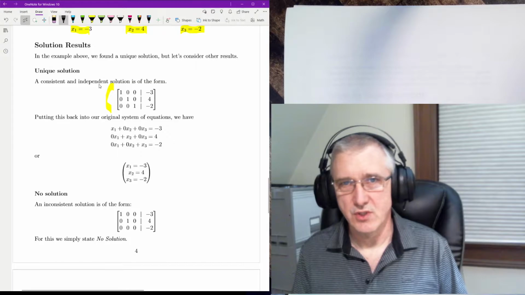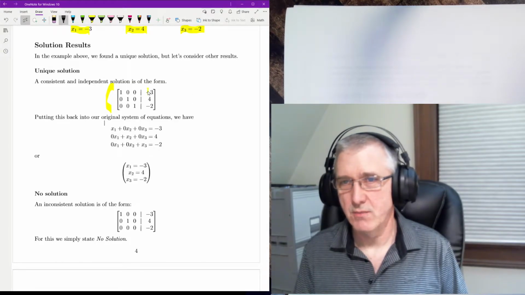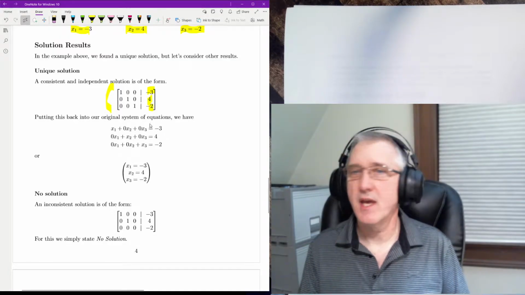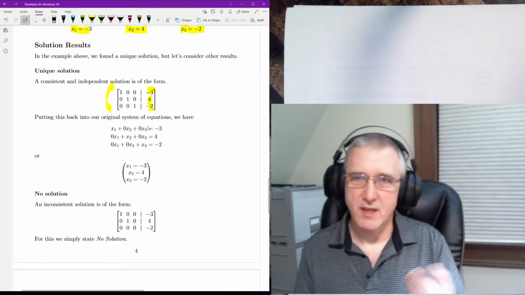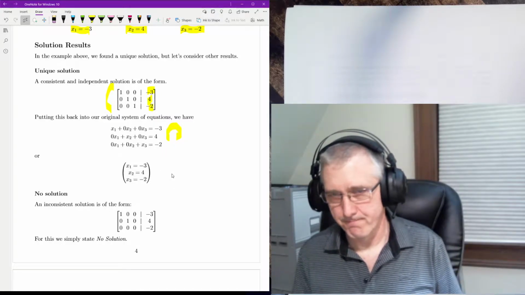We literally just do x1 equals minus 3, x2 equals 4, and x3 equals minus 2. You can see that by putting it back into the original system of equations. If we do that, it should also be very clear.